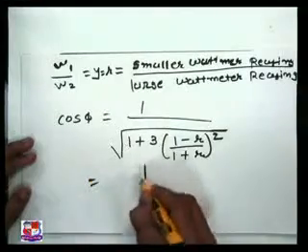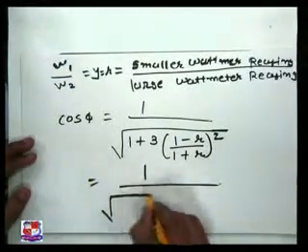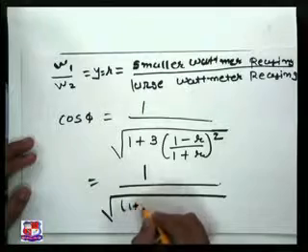So the next step: the denominator is (1 + r) square plus 3 times (1 - r) square, and the numerator is 1 plus r.